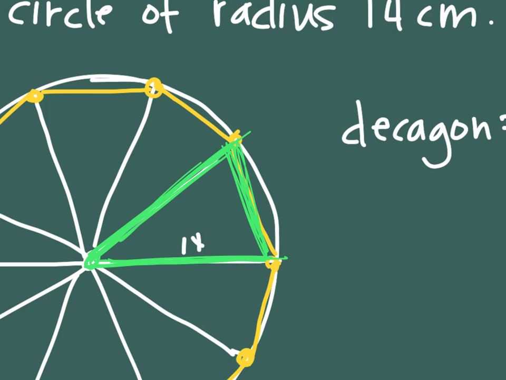All right, well, I labeled one of the sides as 14. I know that this side is going to be 14 also, so I've got two sides that are called 14. I just need to figure out the central angle. And remember, we talked about a circle all the way around is 360 degrees. And if I've got 360 degrees divided up into 10 chunks, how much is each triangle worth in terms of degrees? Yeah, 36.